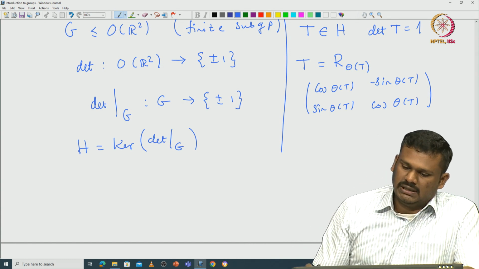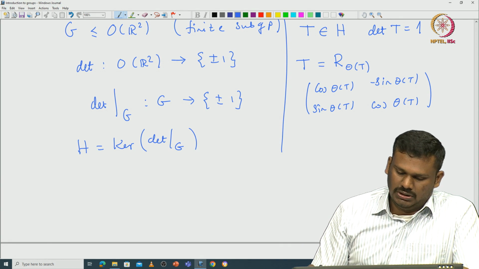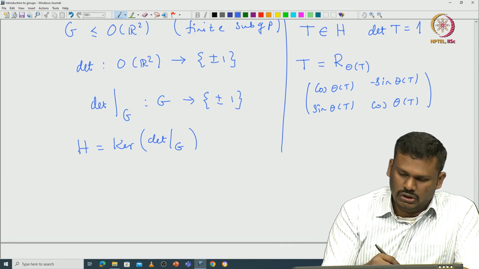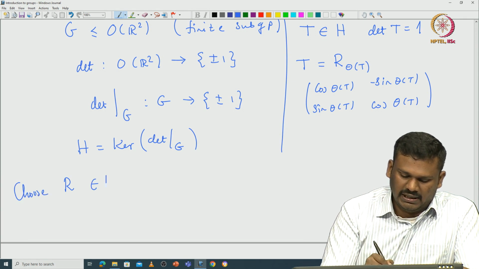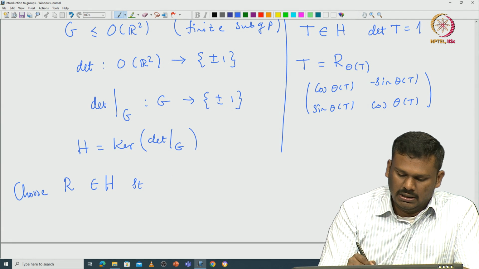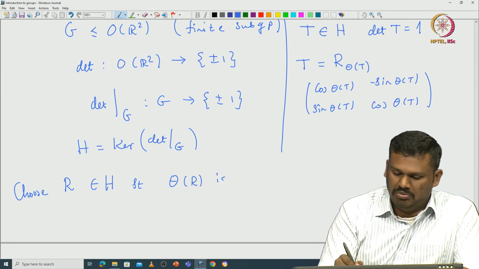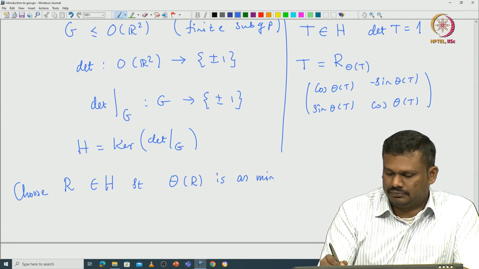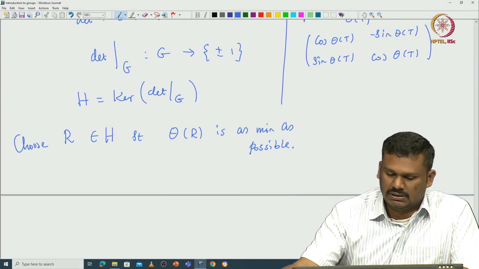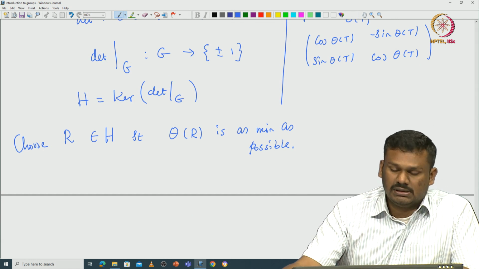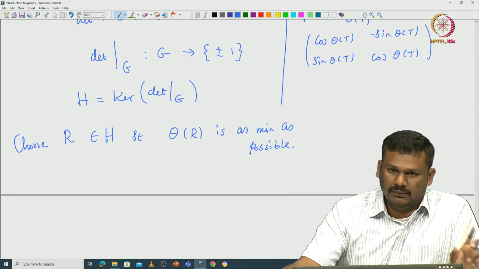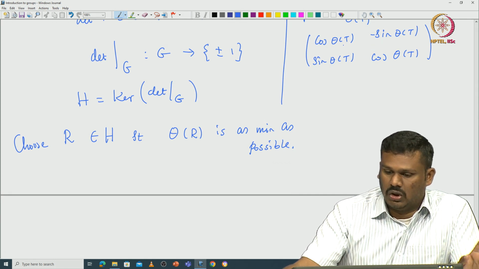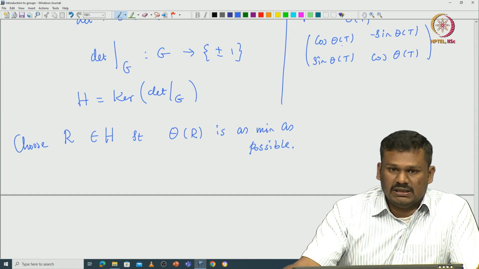Now we want to understand this H. What we will do is choose r inside H such that θ(r) is as small as possible. Why can one choose such a θ(r)? Because each element of H is uniquely determined by its angle, since it is a rotation by some angle that we are calling θ(t), and H is a finite set.